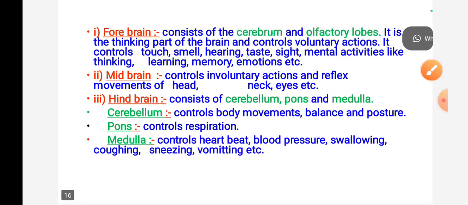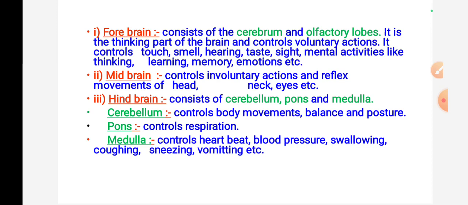First we have to discuss the forebrain. It consists of the cerebrum and olfactory lobes. It is the thinking part of our brain and controls voluntary actions. It controls touch, smell, hearing, taste, sight, and mental activities like thinking, learning, memory, emotions, etc.